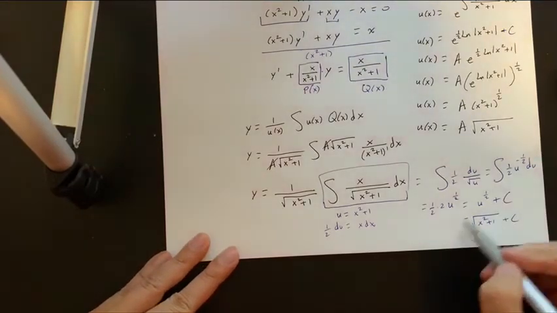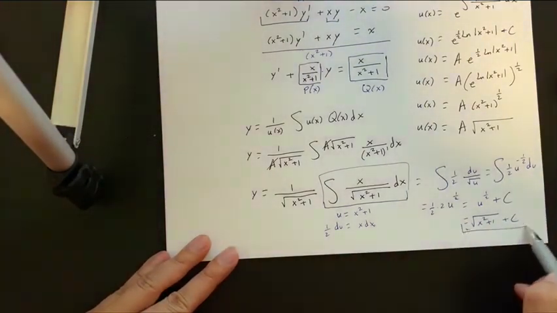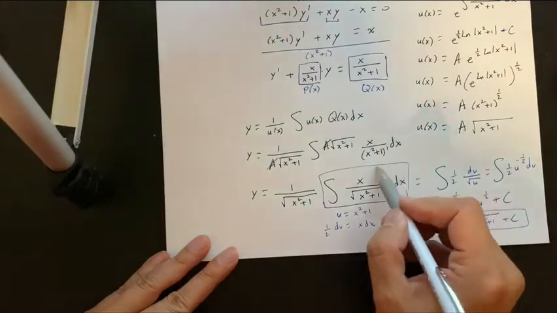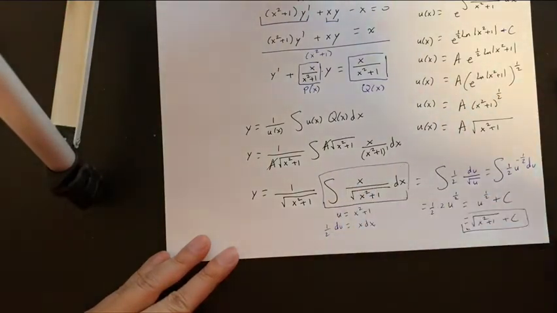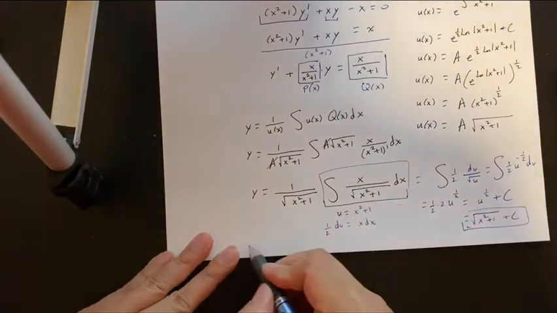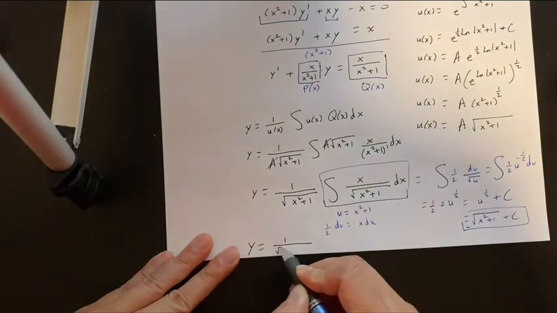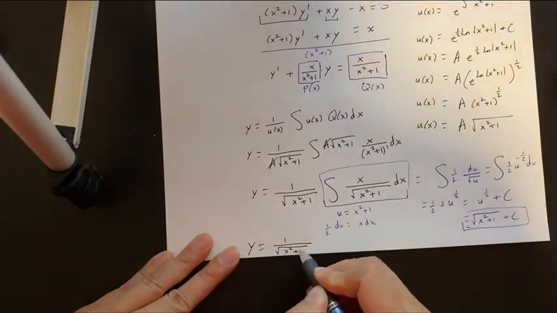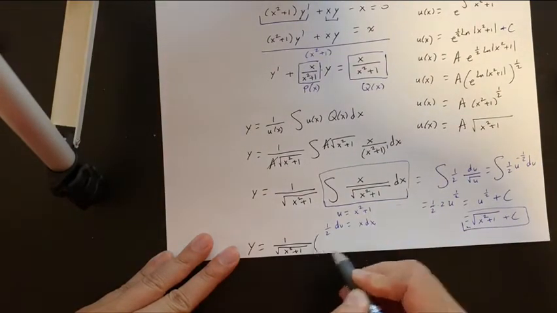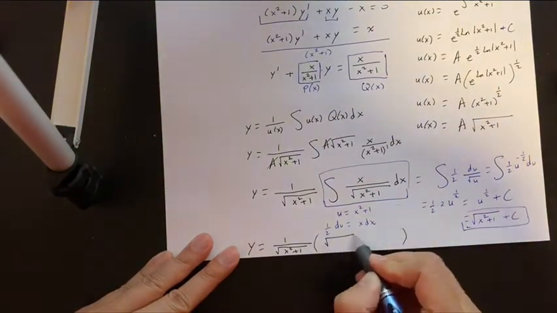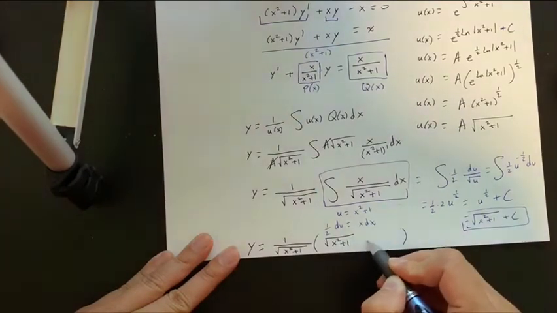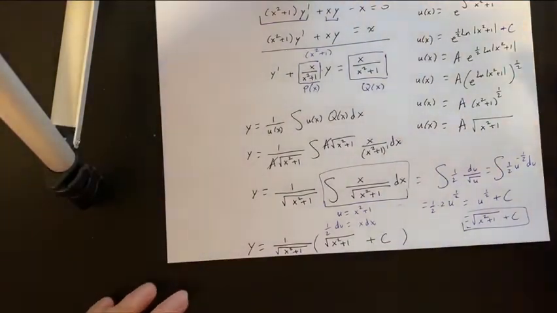Okay, but that's not the answer. This here would replace this blue box. And so my final answer will be 1 over square root of x squared plus 1 multiplied by square root of x squared plus 1 plus c.